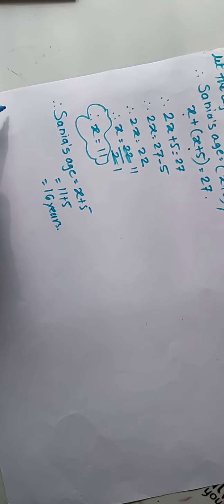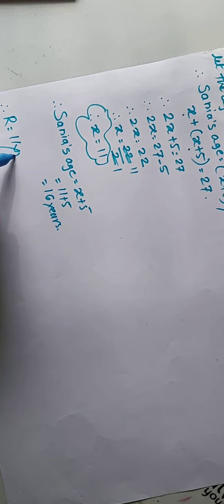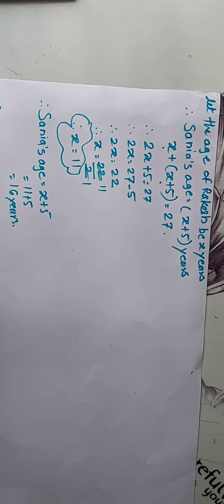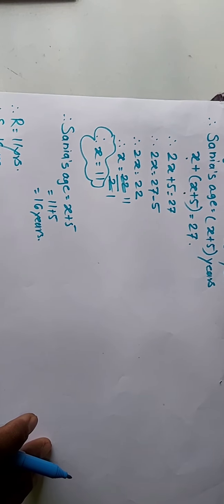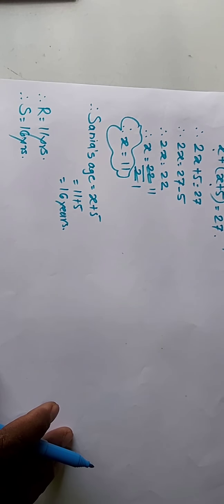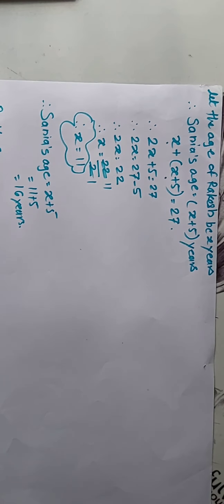So we write Rakesh's age is equal to 11 years and Sania's age is equal to 16 years. Okay students, this way you have to solve. You can take a screenshot and write the example. Okay, now the next example.